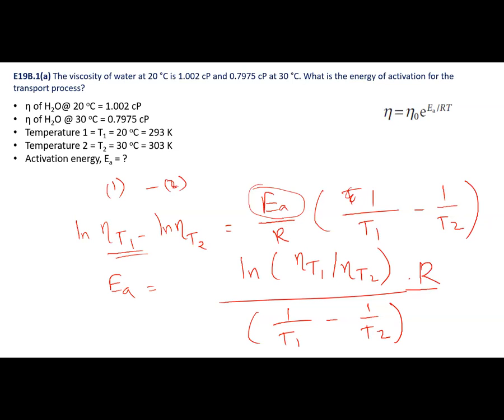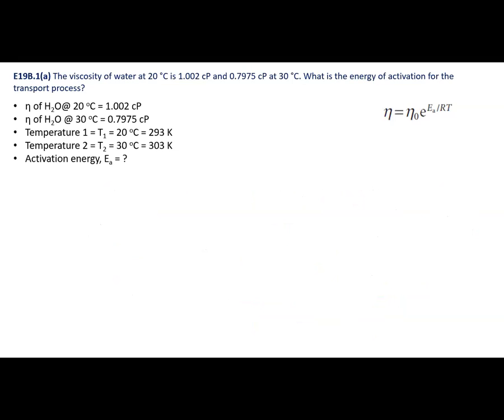So now we know the necessary equations. We know all these parameters, so we just need to plug in. It will be 8.3145, the R value, the gas constant, times the natural logarithm of viscosity at temperature 1 over viscosity at temperature 2.